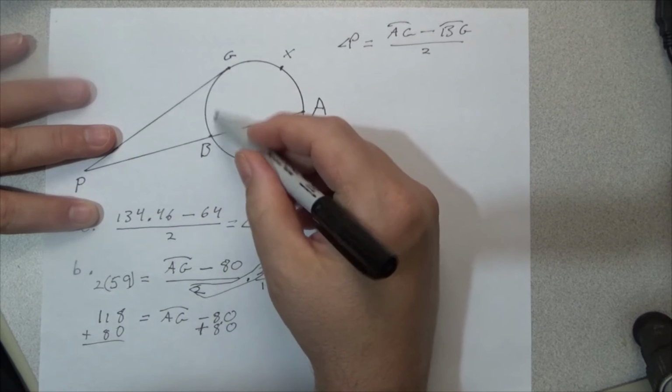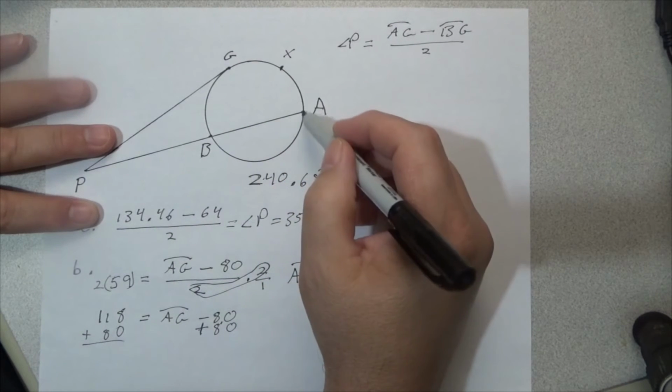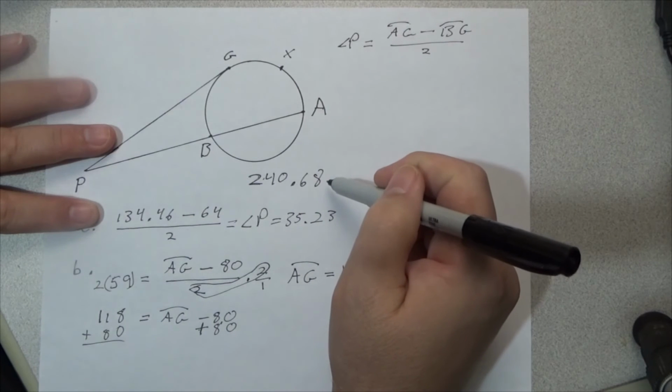So that means that I have 1, 2, 3 arcs that are making up this 240.68.